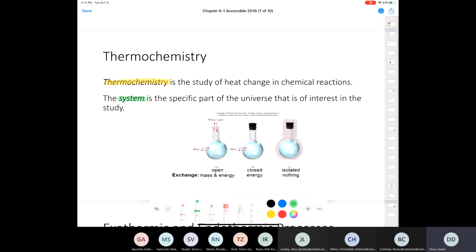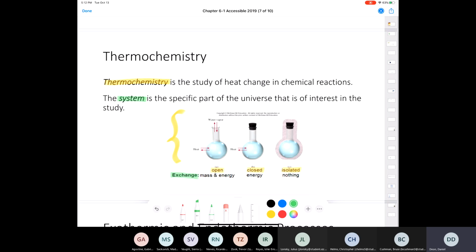And there are 3 types of systems that you need to be aware of in general chemistry: an open system, a closed system, and an isolated system. So what it's showing here in this figure is what is exchanged in these 3 different types of systems. Well, if we do a reaction in an open vessel, now these are called Florence flasks.